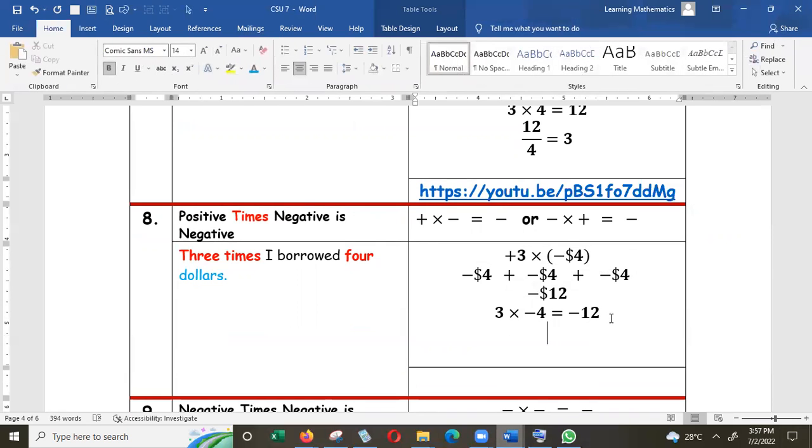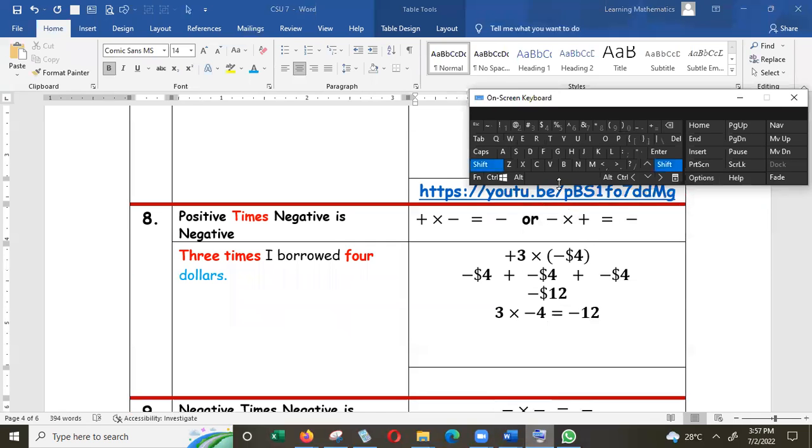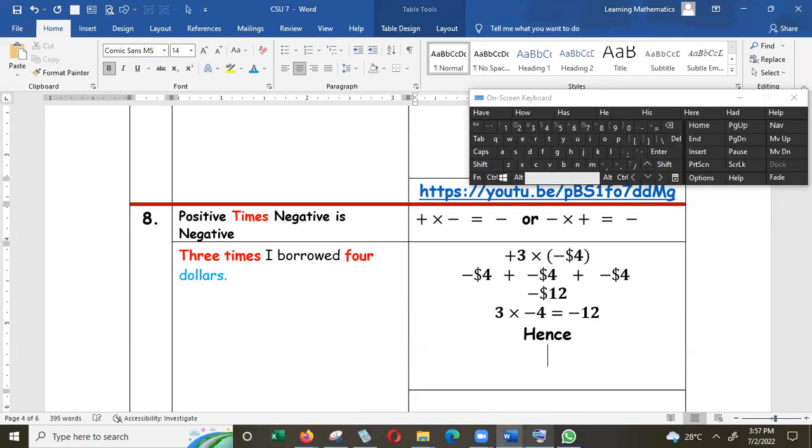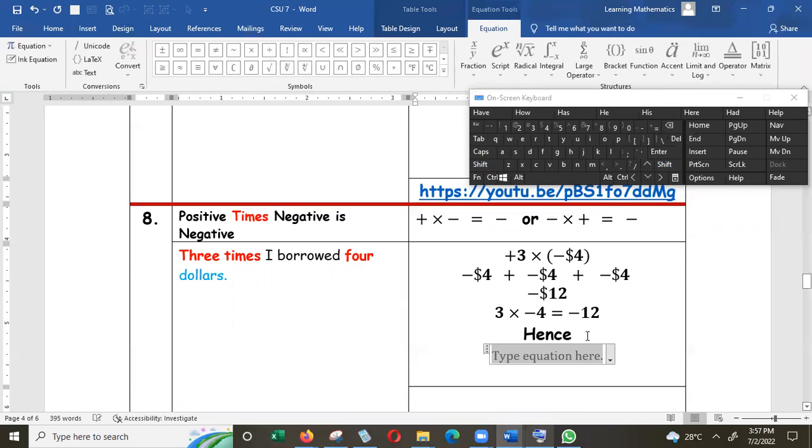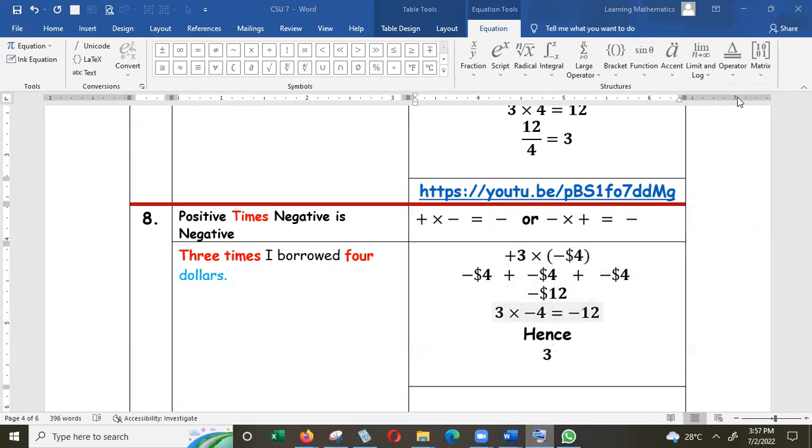Hence, these three that we see in here can be obtained by dividing negative 12 by negative 4.